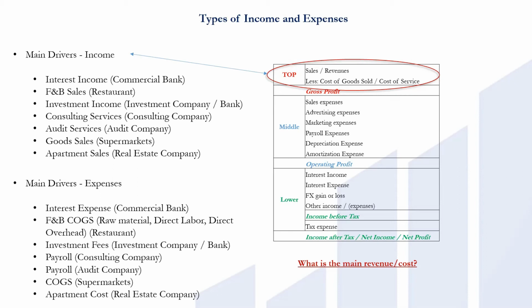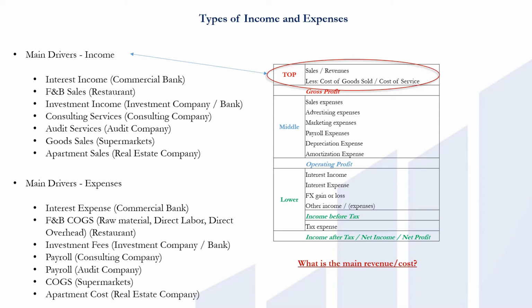Whenever we have a company that is producing a good that it is selling, you need to understand that the cost of this item should never be only the raw material, because actually you have people that are working on the production of the item. And this is what we call the direct labor. So they go into the top line of the cost, which is the cost of goods sold.